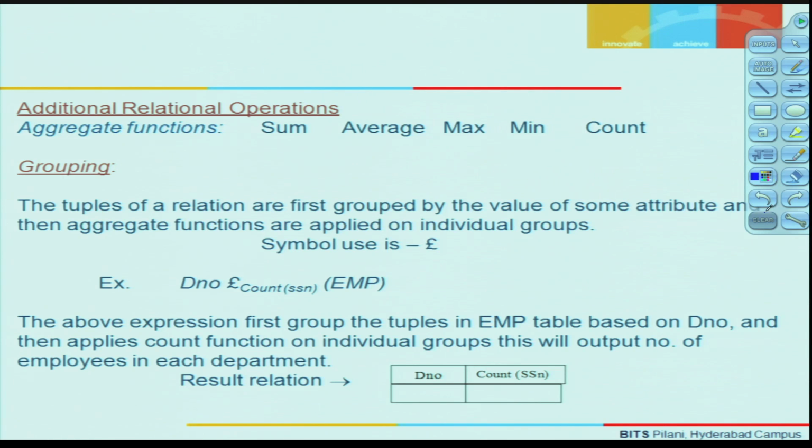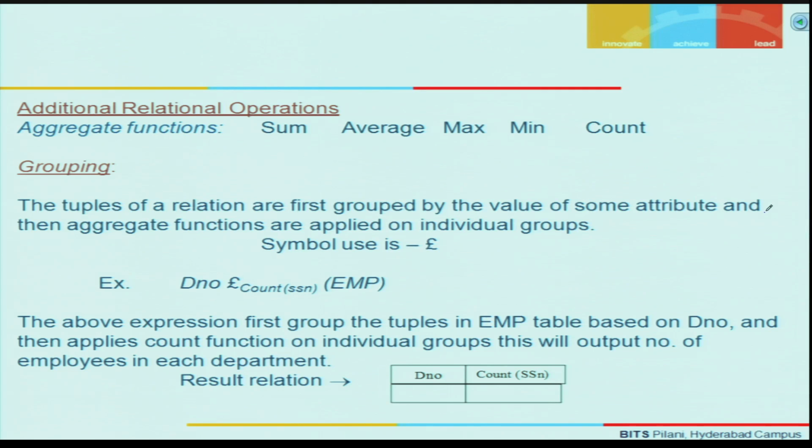Then we have additional relational operations like aggregate functions: sum, average, max, minimum, and count. The basic characteristic of an aggregate function is that these functions can be applied on some set or list of values, and independent of the number of elements in the list, it is going to give you back only one single value.